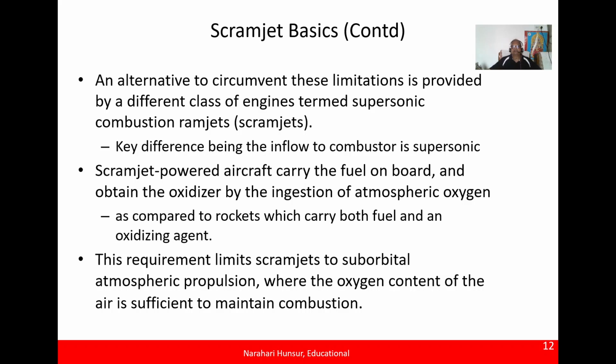The key difference is that the inflow to combustion is supersonic. Scramjet powered aircraft carry fuel on board and obtain the oxidizer by ingestion from the atmosphere. As compared to rockets, which carry both fuel and an oxidizing agent, this requirement limits scramjets to suborbital atmospheric propulsion, where the oxygen content of the air is sufficient to maintain combustion.